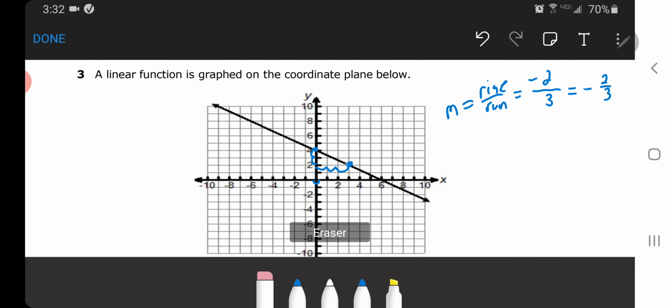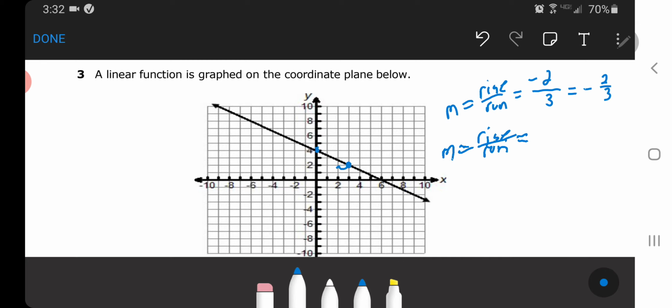I do get asked the question, well coach, what if I went from this point to this point over here? Okay, well it's kind of the same thing. You see here, once again, rise over run. Just to give you another example, you can go either way. Let's say I start from this point right here at 3, 2 and go to the other one.